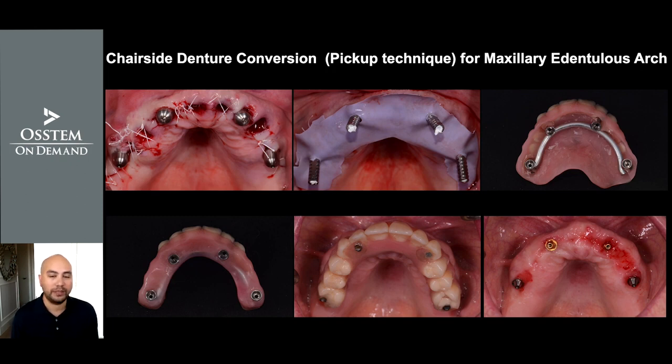Then we use a pickup denture, which is basically blocked in the patient's mouth, and we use a metal reinforcement in this case. The technician will then add acrylic around the titanium cylinders, remove the palate, and polish the prosthesis on the same day.